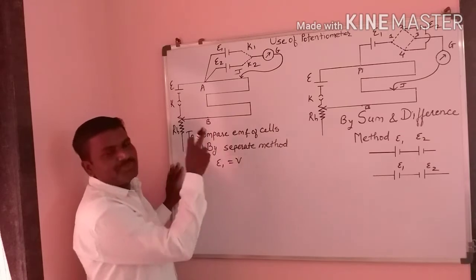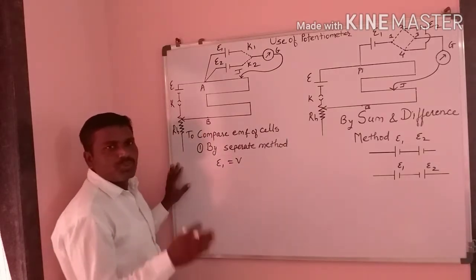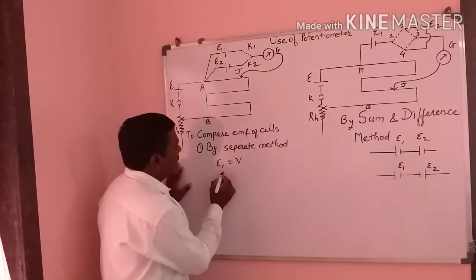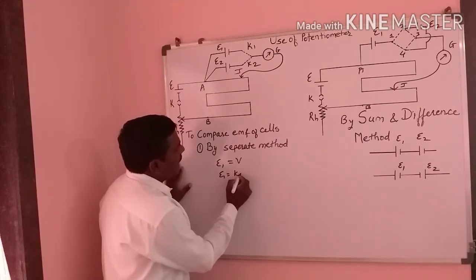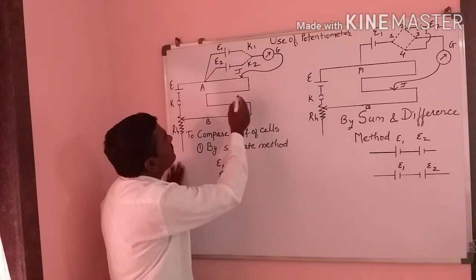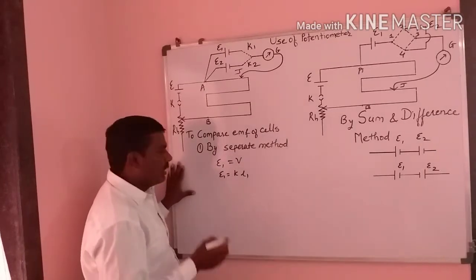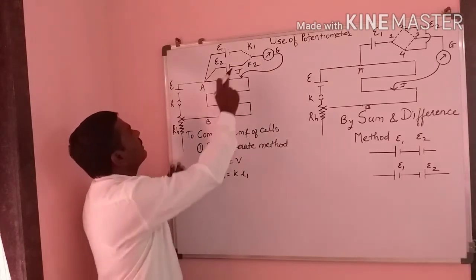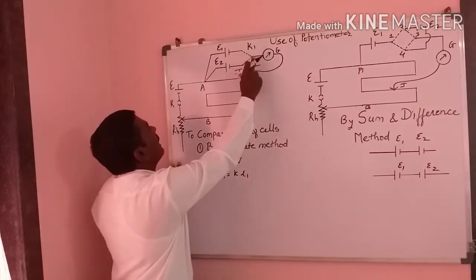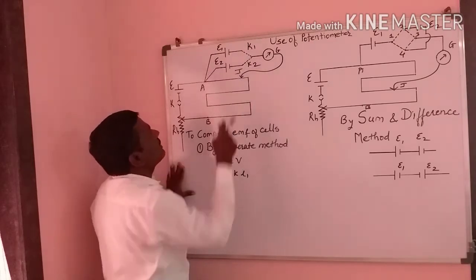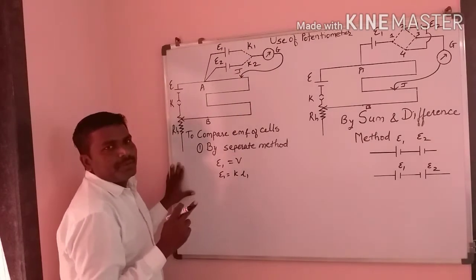Potential is directly proportional to length, with the gradient constant, so we write E1 is equal to K L1. Again, when K1 is open and K2 is closed, E2 is in the circuit.